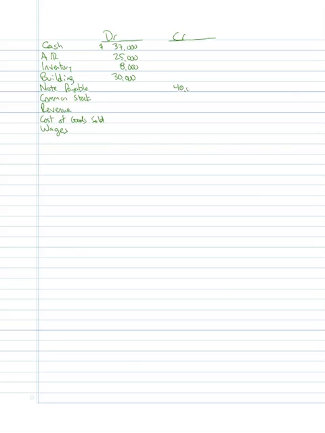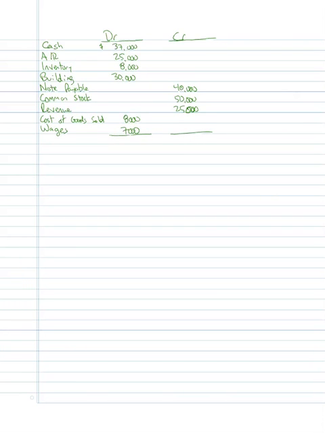Note payable had a $40,000 credit balance. The common stock account had a $50,000 credit balance. Revenue had a $25,000 credit balance. Cost of goods sold was an $8,000 debit, and wages expense was a $7,000 debit.